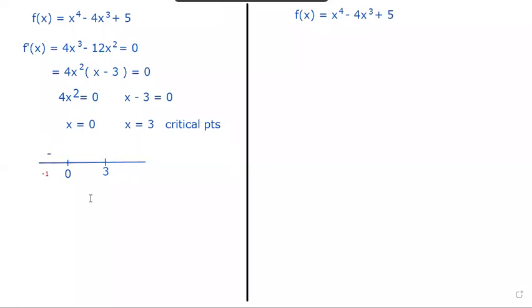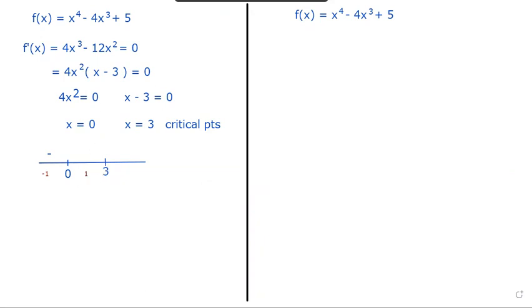Now I'm going to put a 1 in. I could choose 1 or a 2. I just need to use anything between 0 and 3 to satisfy this interval. So let's just choose a 1.